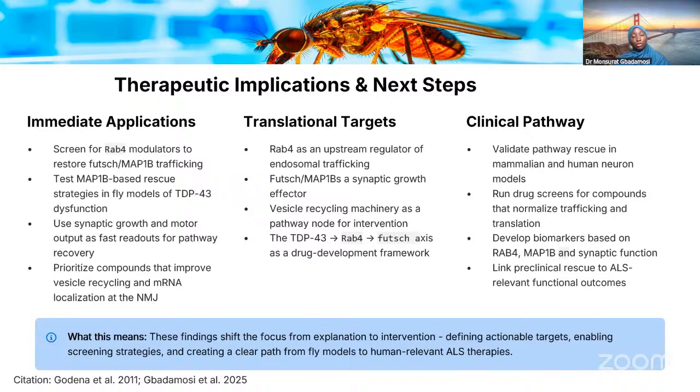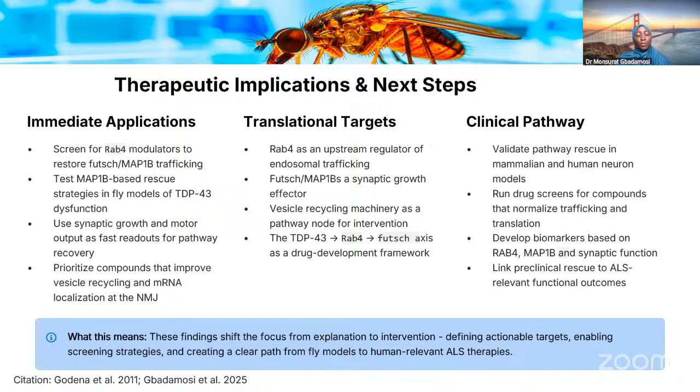We have shown quite a number of proofs of concept that, at least the RAB4 way, synaptic vesicle recycling is important in the mechanism of ALS disease, and we could check some RAB4 modulators to see if we could get some compounds that will improve vesicle recycling and mRNA localization to the NMJ.